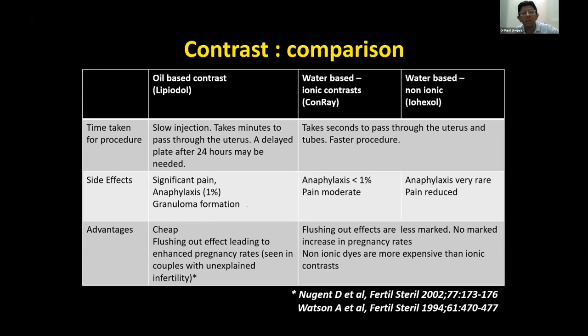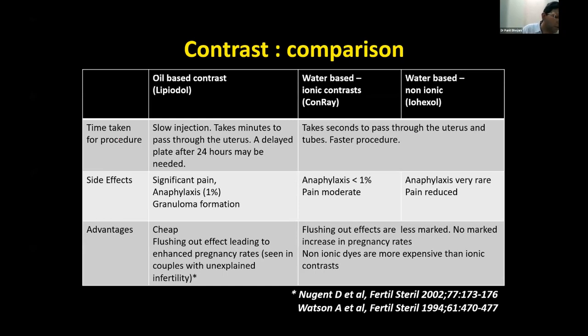Sometimes they may ask you what are the dyes which we use. We have an oil-based contrast, called lipiodol, which is the newer one, and we have a water-based ionic contrast, and sometimes even a water-based non-ionic contrast.